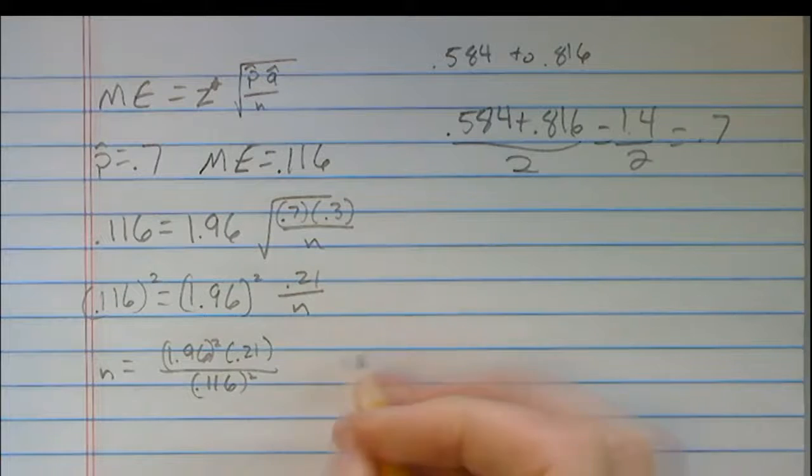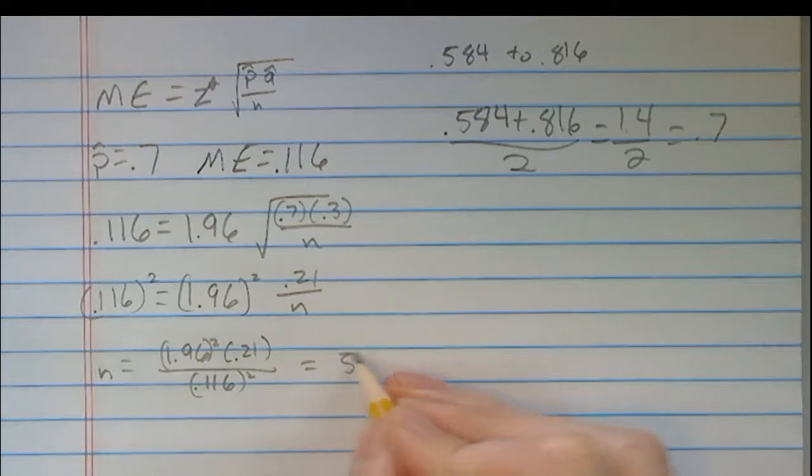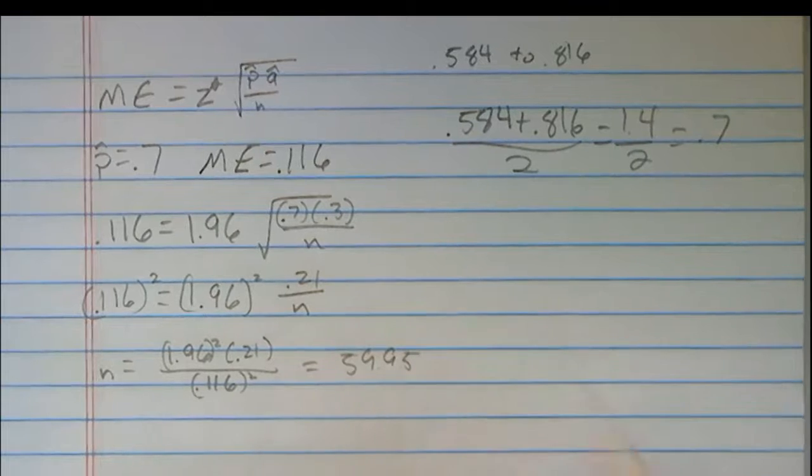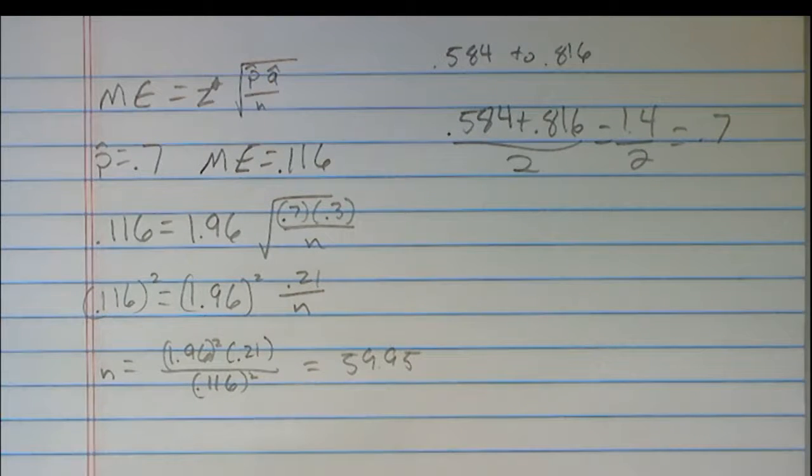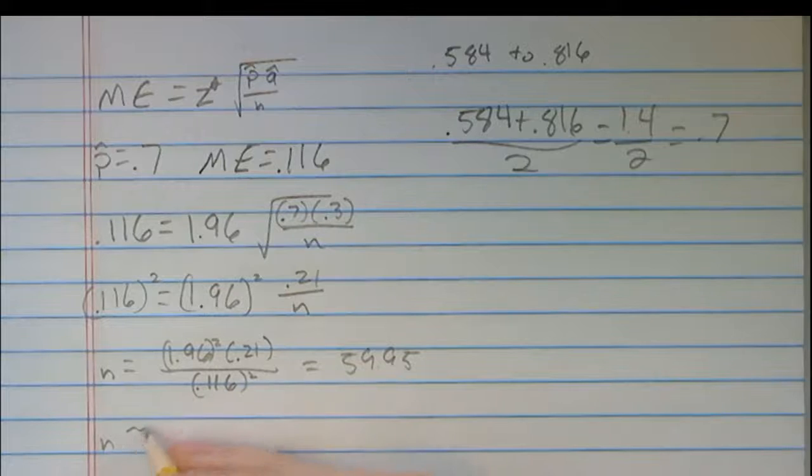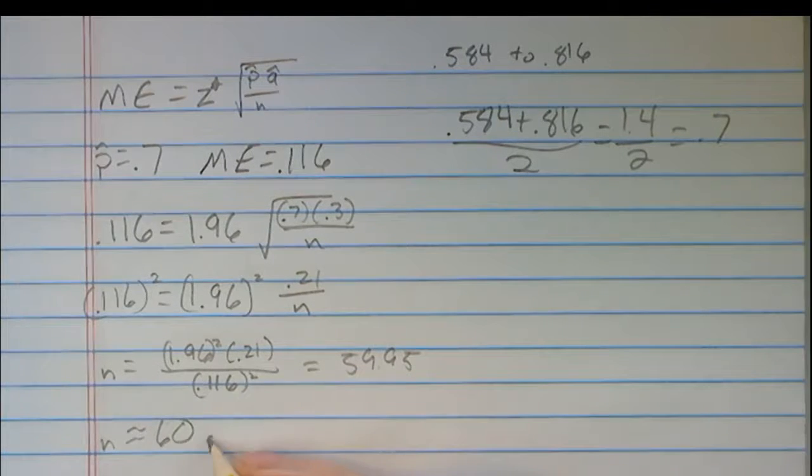And we get 59.95. Round to the nearest whole number because this is a sample size. You're not going to ask 95 hundredths of a person. And we get a sample size of 60 students.